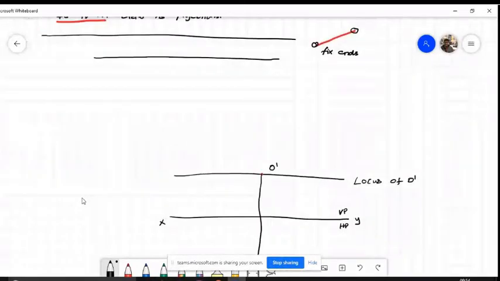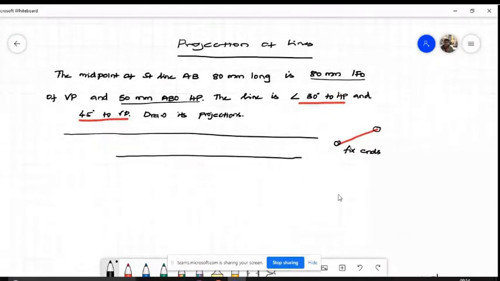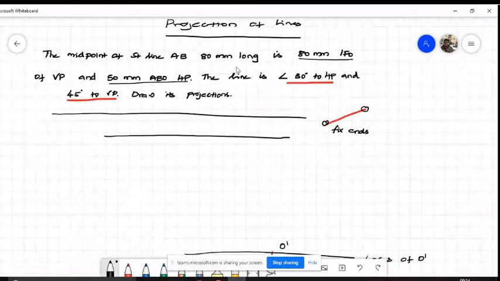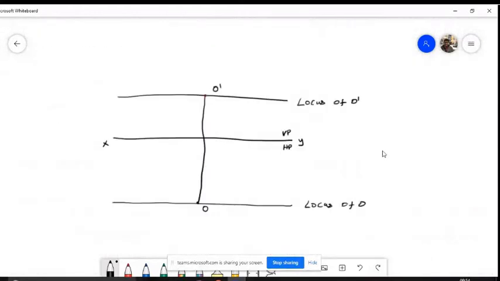Next, you need to draw the true length of the line for the given inclination. That means with the available data we need to plot. The 80 mm line is inclined at 30 degrees to HP, so that will be visible in the front view.